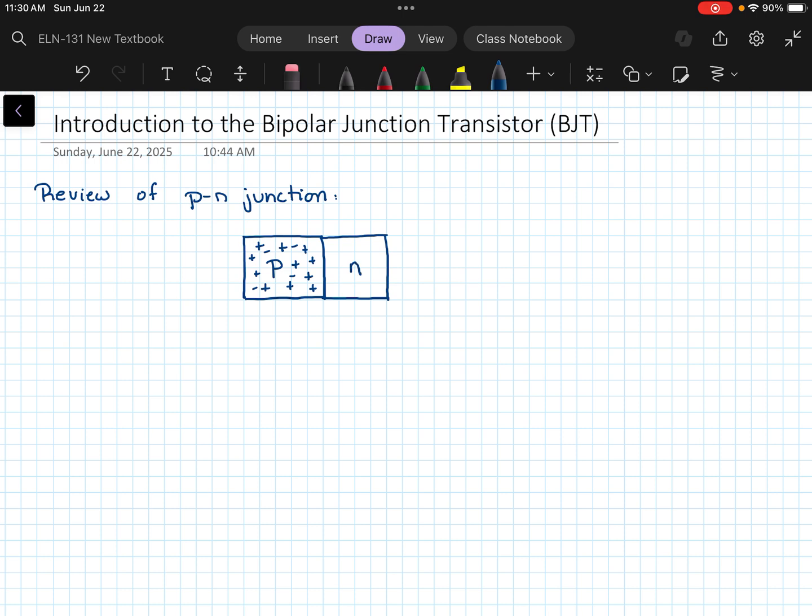We would add to it impurities that have an extra valence electron, which would give us more of those potentially moving electrons in our material. Okay, and then the majority carrier in the N-type material would be negative, and the minority would be the positive or holes.